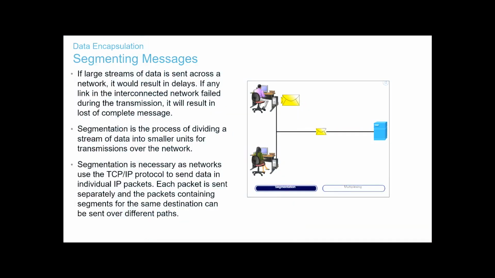So if there's a lot to send, some kind of segmentation has to take place, and that data has to be divided into smaller units. There has to be something to keep track of all that.